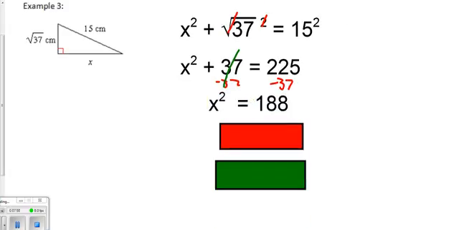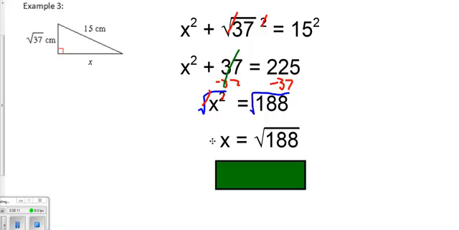Now how do we get x alone at this point? We'd have to take the square root of both sides, and like before, we only want the positive answer. Squaring the square root cancels out, so we would say that x is the square root of 188. Now we'll leave it in radical form, but we need to try to simplify it.